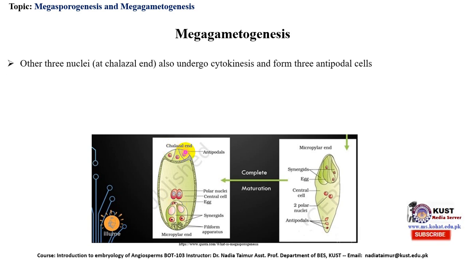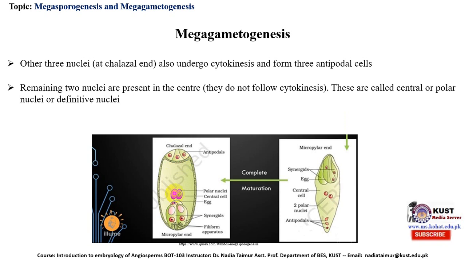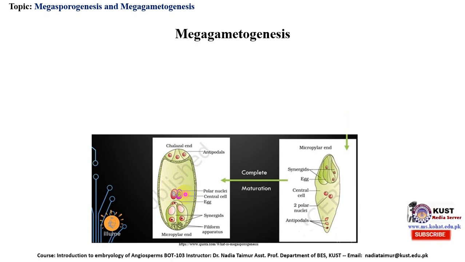Of the 3 nuclei at chalazal end, they also undergo cytokinesis and form 3 antipodal cells. The remaining 2 nuclei, which are shown here, are present in the center. They do not follow cytokinesis. These are called central or polar nuclei or definitive nuclei.